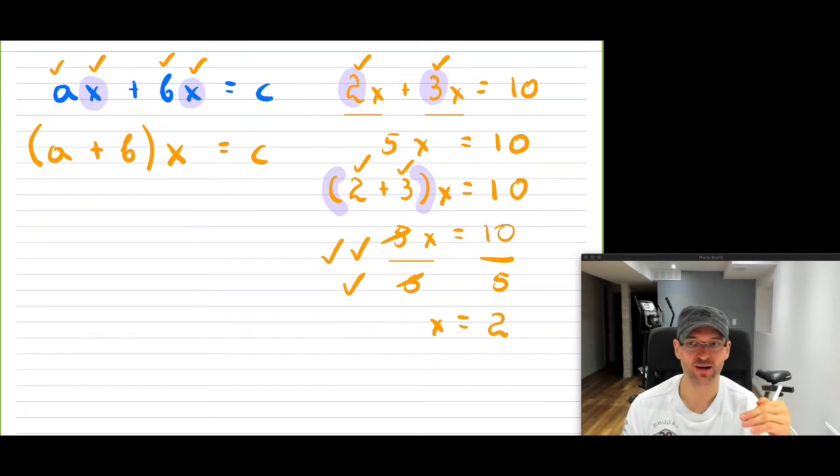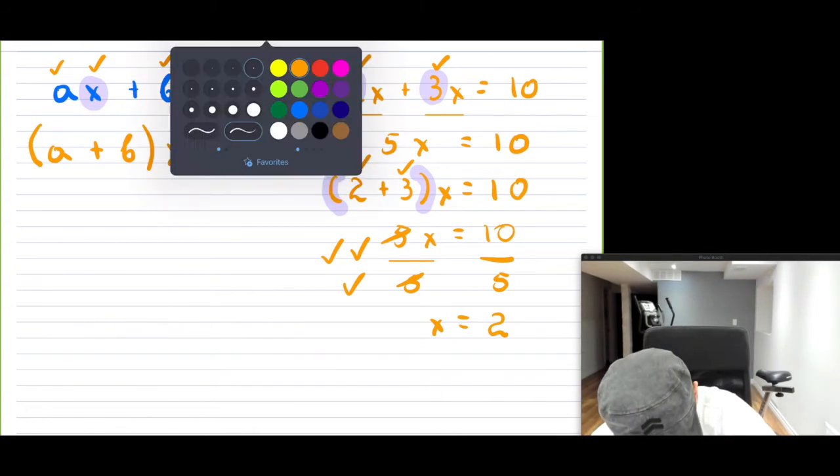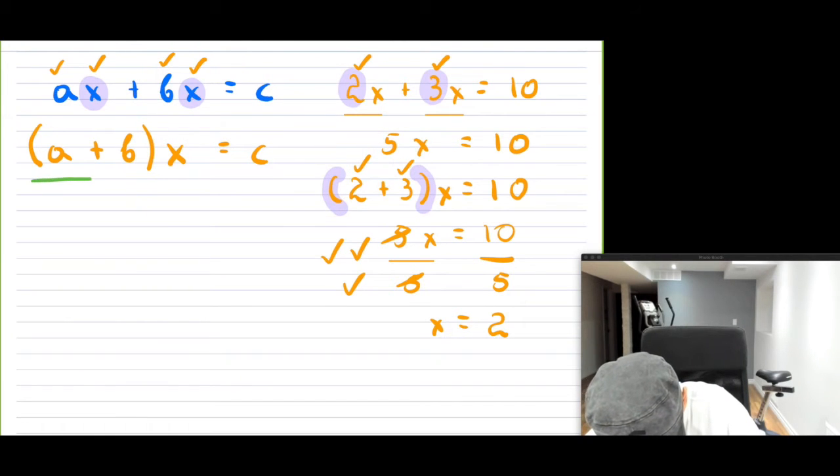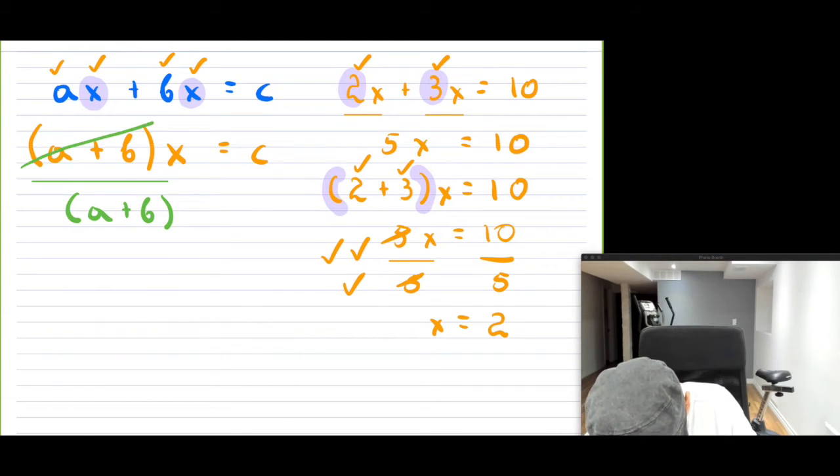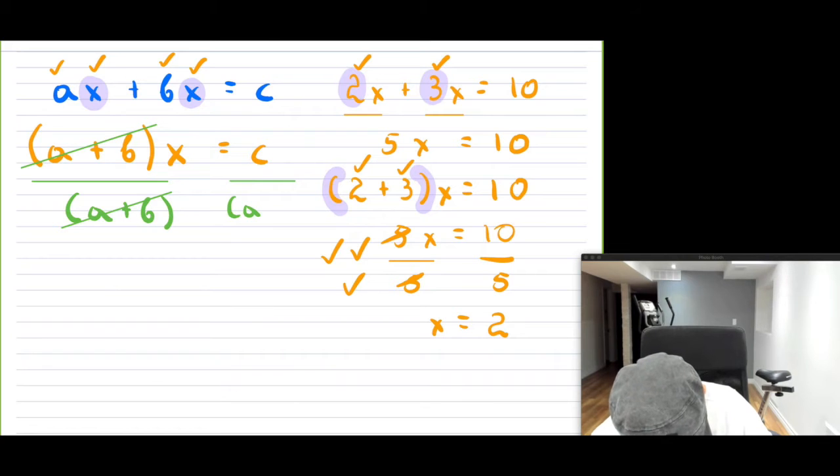You divided by 5 because you were solving for x. So here we do exactly the same thing, except it looks very awkward because we are dividing by this entire bracket. And the reason is because we want to get rid of this junk so that it cancels out. And of course, I have to do that also on the right-hand side.